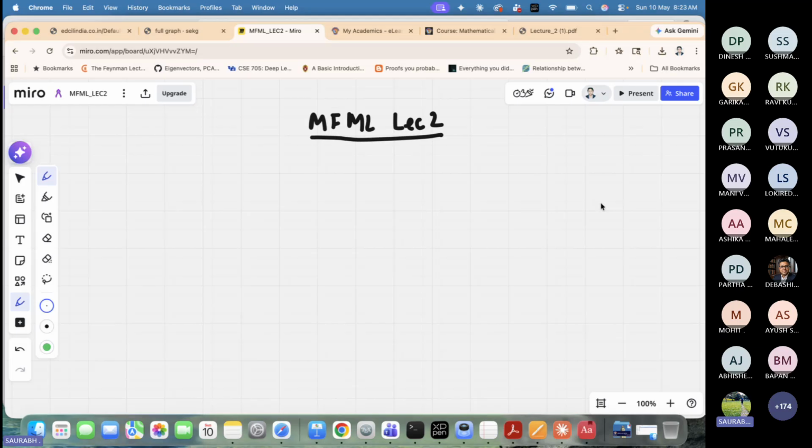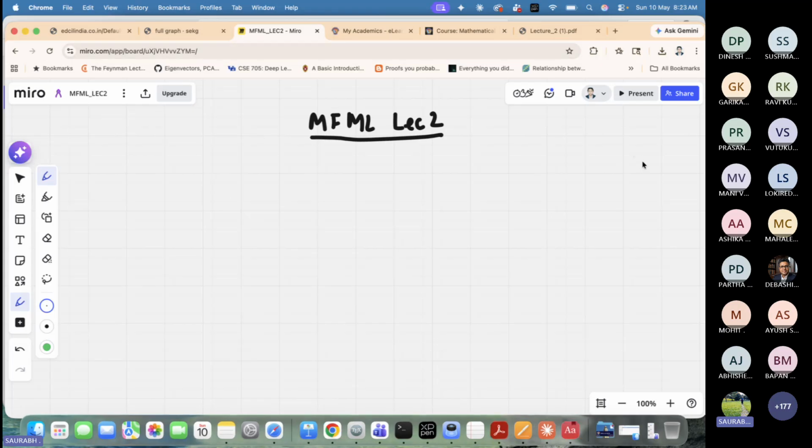Okay, so let me give you a simple intuition of what exactly are groups and why we are starting with this topic called groups. Groups are, essentially speaking, certain moves applied on certain objects.